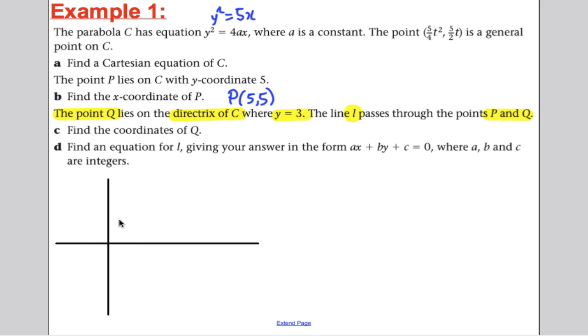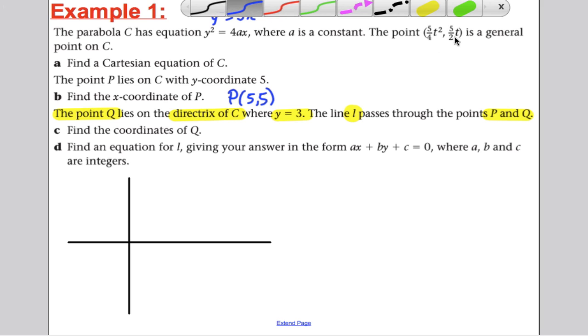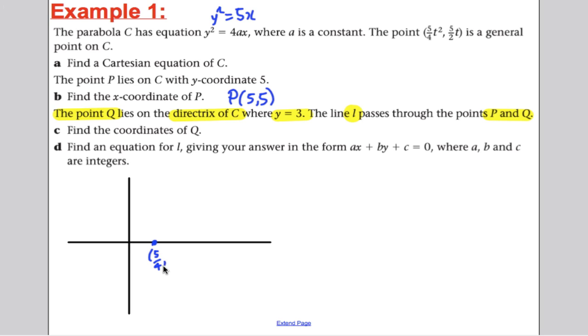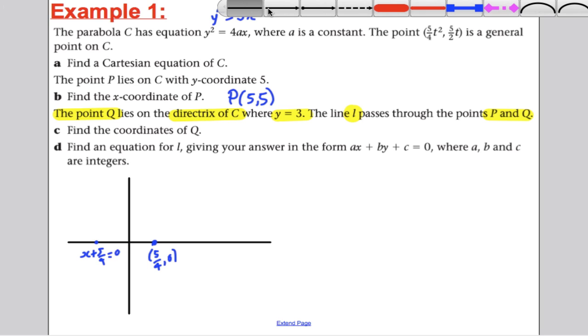So, we've got our parabola y squared is 5x. And we know that a is 5 over 4. So our key point here is (5 over 4, 0). And we know that our directrix is the equation x plus 5 over 4 is equal to 0. So I'll draw out a directrix.